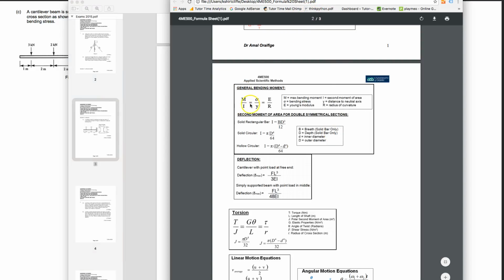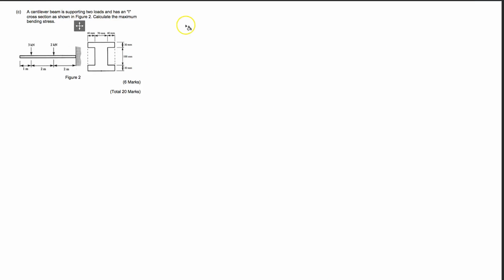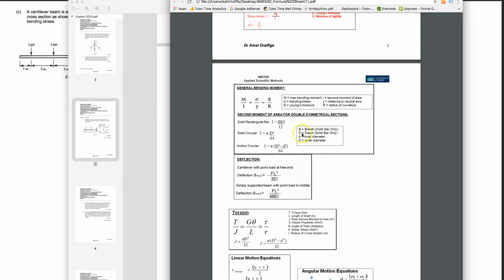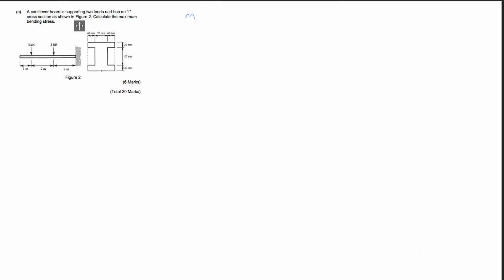And we've got M over I equals sigma over y. Let me remind myself, I'll make a mistake at this stage. M over I equals sigma over y.